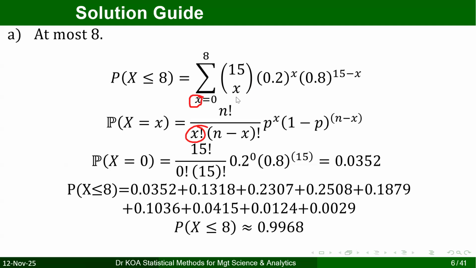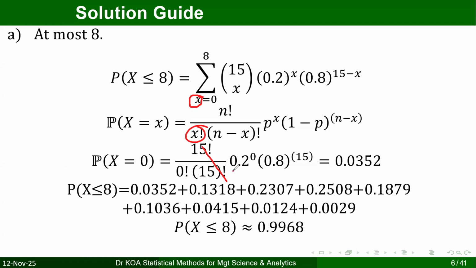So you now take n and find 15 factorial, which is 15 times 14 times 13 times 12 times 11, all the way up to 1. Then you find the X factorial. In this case X is 0, so 0 factorial will be 1. Then you have 15 factorial again here, so I can cancel these two, and the whole thing here will be 1.